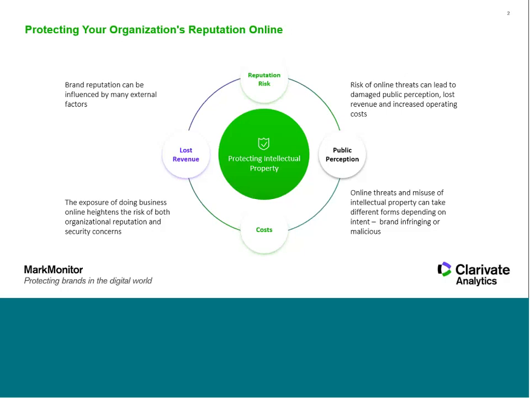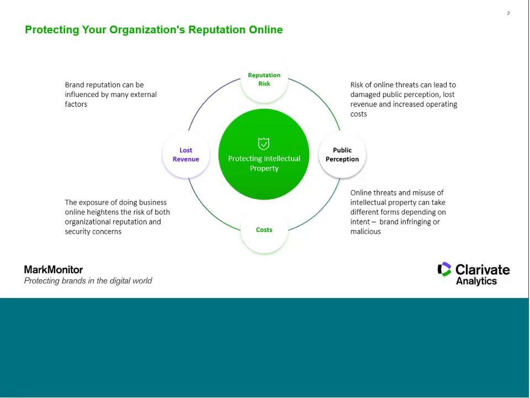This can lead to higher operating costs to fight those threats and, of course, lost revenue. So proactively creating detection and enforcement options to tackle these threats really can reduce reputational impact. And that's what we want to talk about today: how to focus your efforts, determine intent, and make sure that you are effectively enforcing on what is targeting your brands.